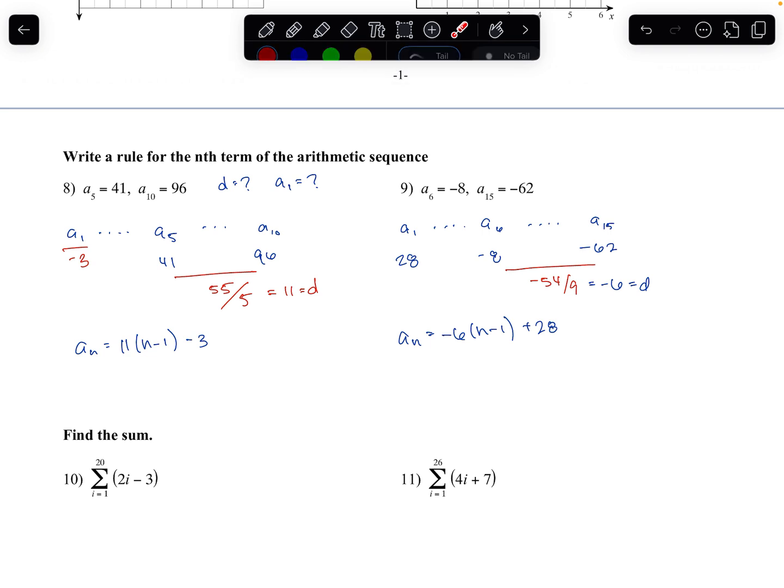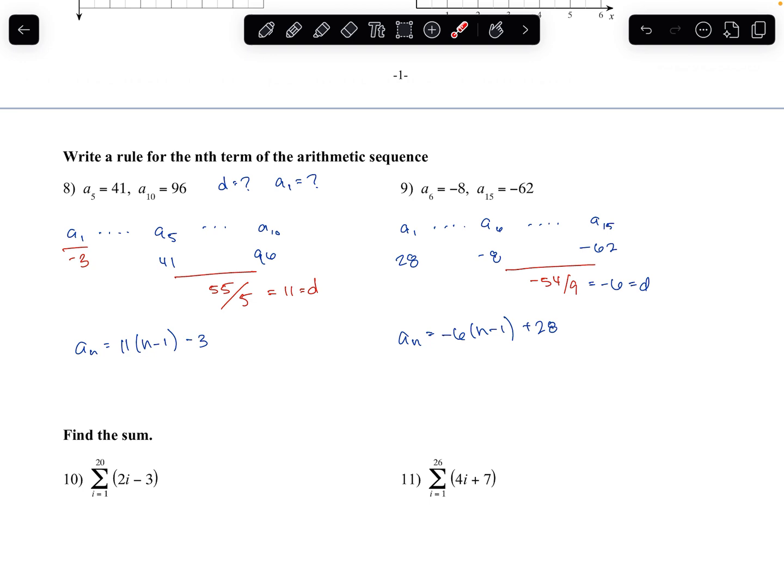Let's go back. I'm pretty sure this is right here. So if I do negative 8, and then if I subtract 54, I get 62. Do I have the number of terms right? From 6, 7, 8, 9, 10, 11, 12, 13, 14, 15, that's 9 terms, so my total is 54.